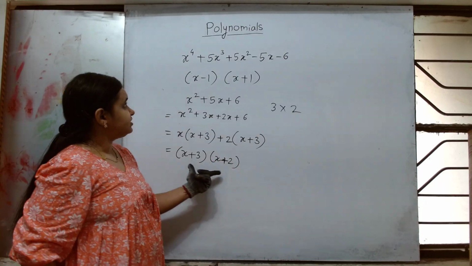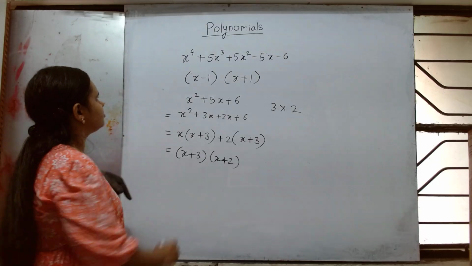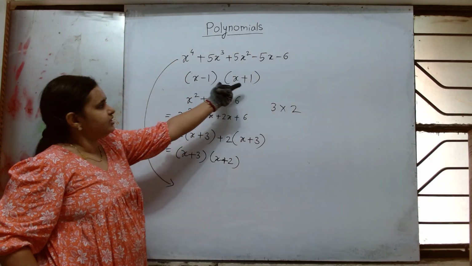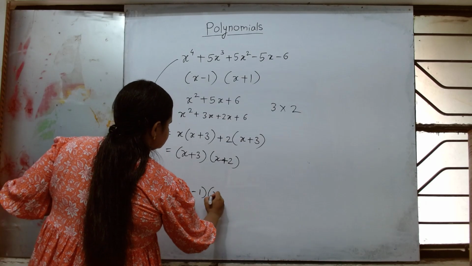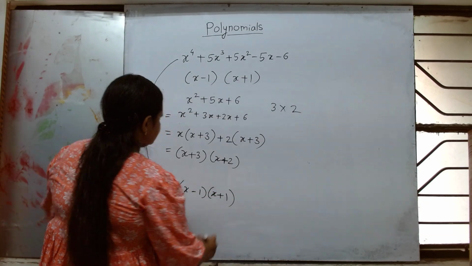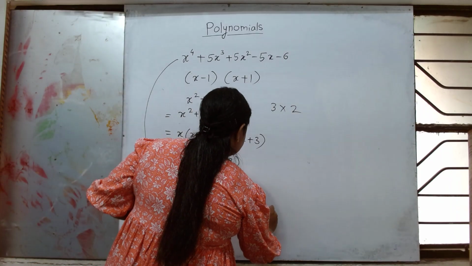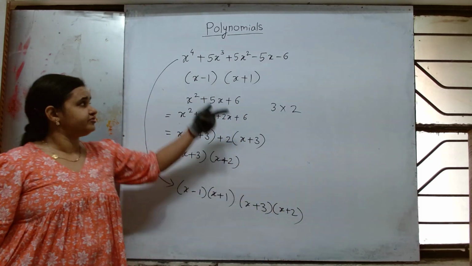Okay. So these are the factors of this polynomial. So how many factors we get? This x minus 1, x plus 1, and x plus 3, x plus 2. We got 4 factors of this polynomial.